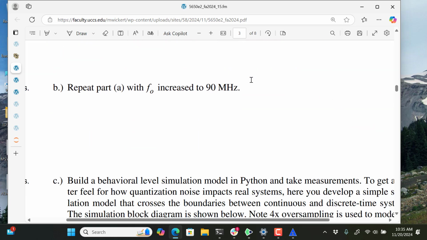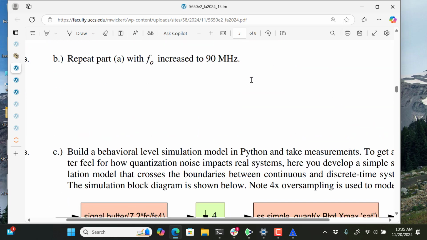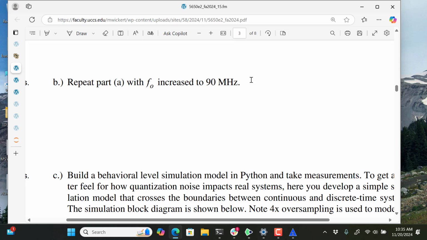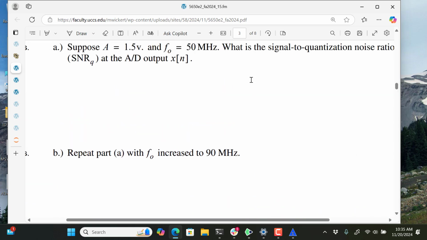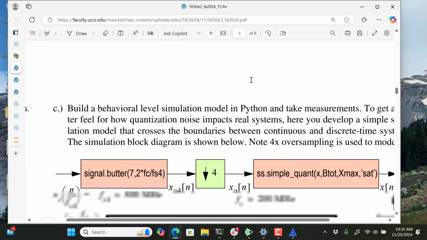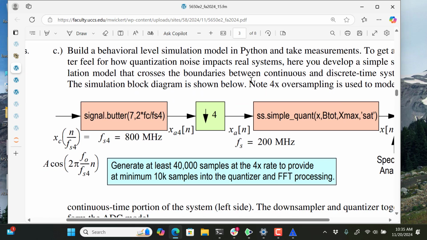So you're going to want to do an analysis of this based on the roll-off of the filter, and then see what the signal to quantization noise ratio is using the ideal analog filter is what you're going to do. But then you're going to build a behavior level simulation model according to this using Python.